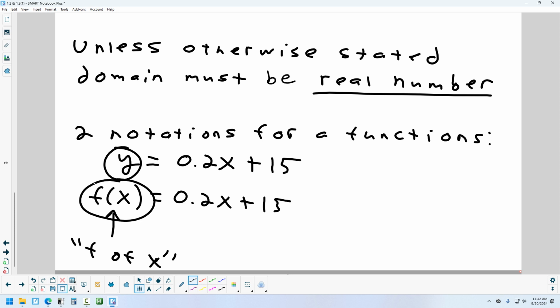That's exactly what that means. You could also have a function named g that uses the letter x as the independent variable. And then you have to write something down on the other side. It's f of x, just an alternate notation.